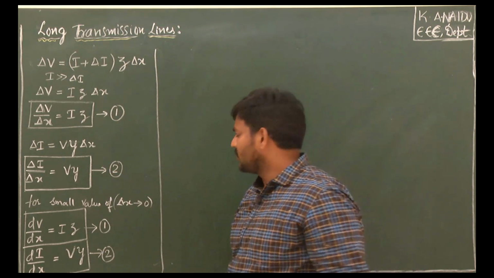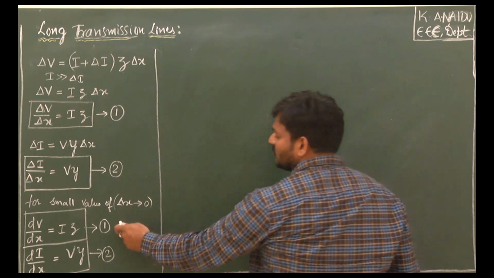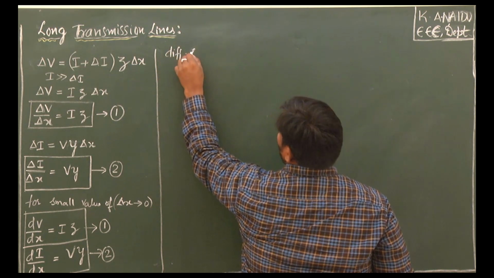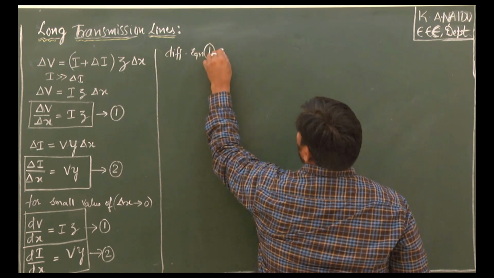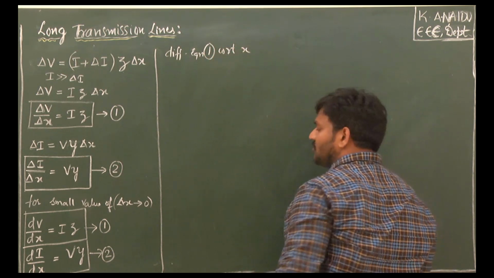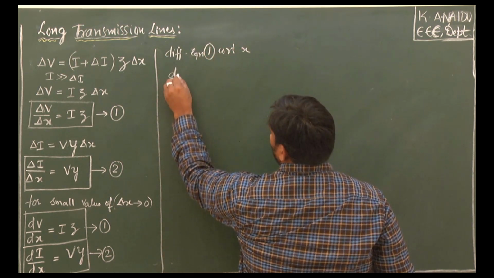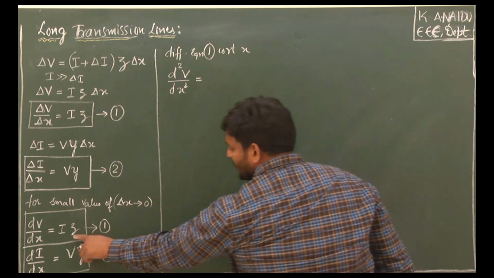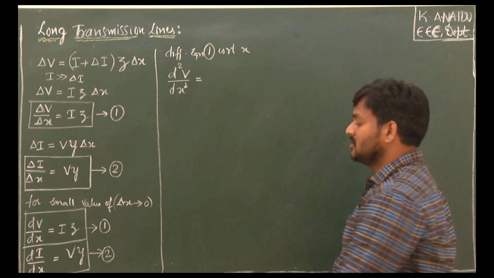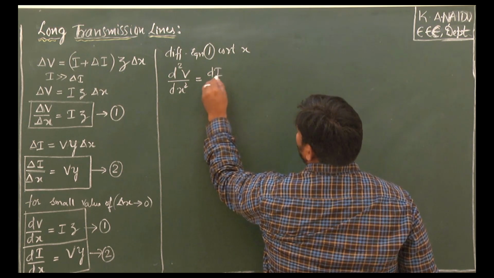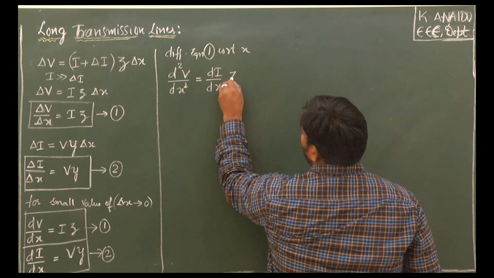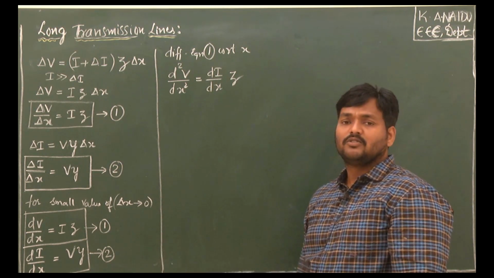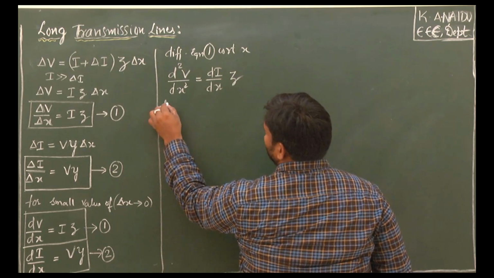Now, what you have to do is differentiate equation 1 with respect to x. So, if we do this, what will you get? d square V by dx square will be equal to, Z is the parameter which is anyway constant for a given line, therefore you will get dI by dx into Z. But from equation 2, dI by dx is V into Y. So you substitute in this equation.